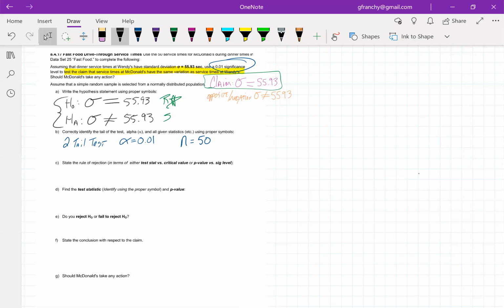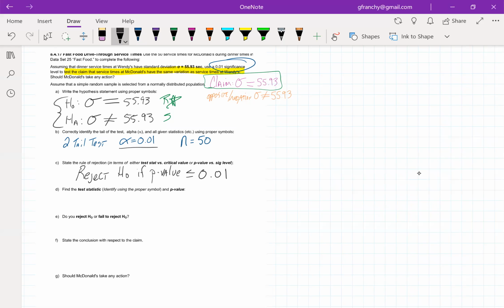Our rule of rejection will always start out as reject null hypothesis if p-value is less than or equal. And the only thing that ever changes is what number ends up over here.